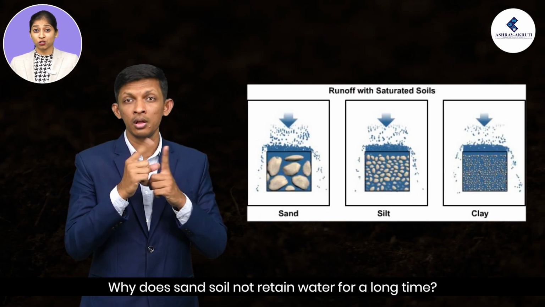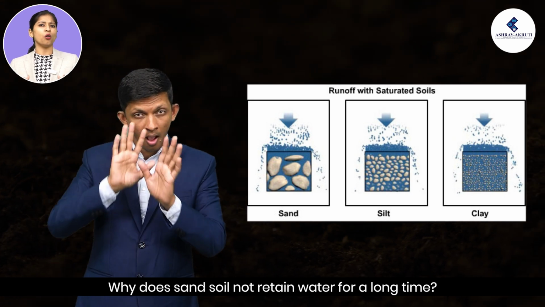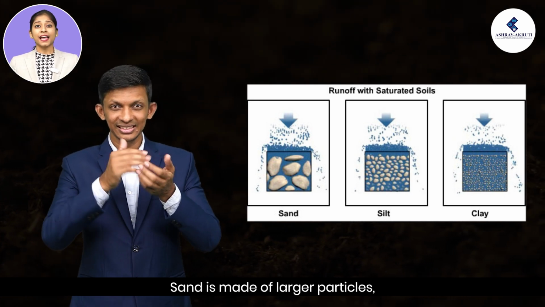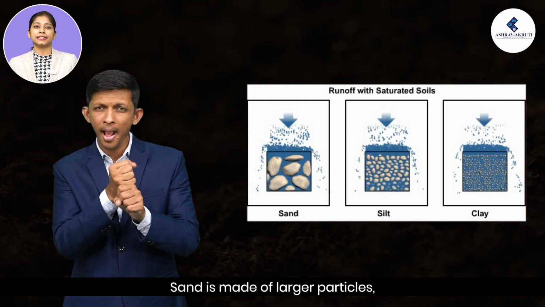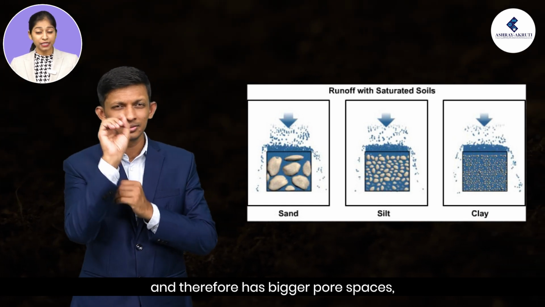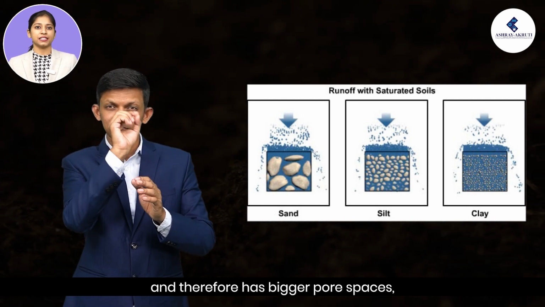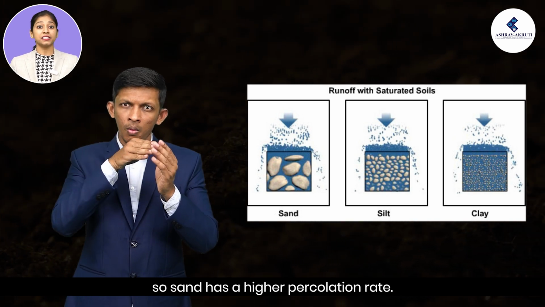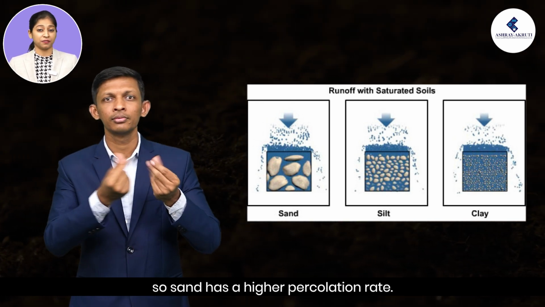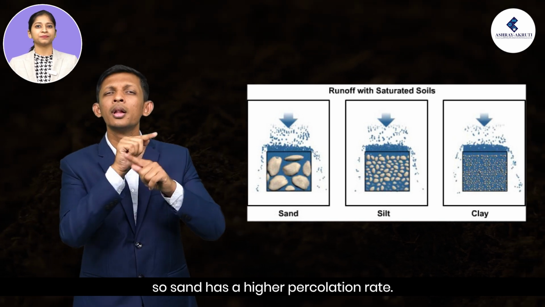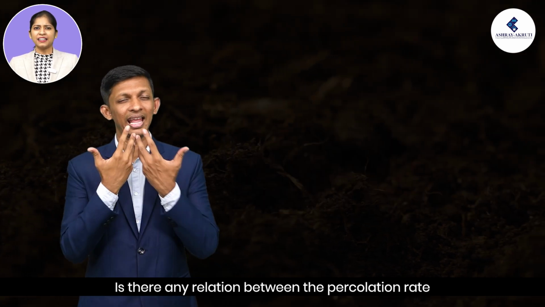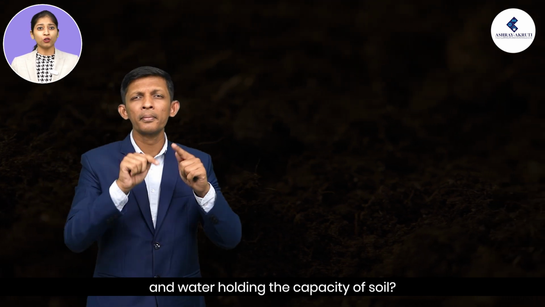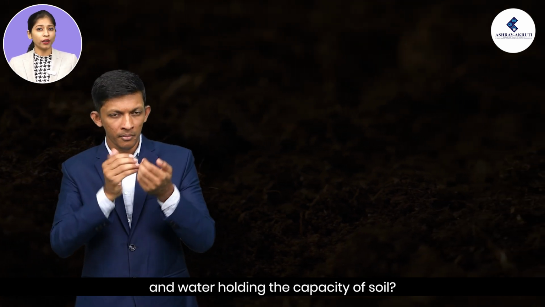Why does sand soil not retain water for a long time? Sand is made of larger particles and therefore has bigger pore spaces, and water just runs through, so sand has a higher percolation rate. Is there any relation between the percolation rate and water holding capacity of soil?